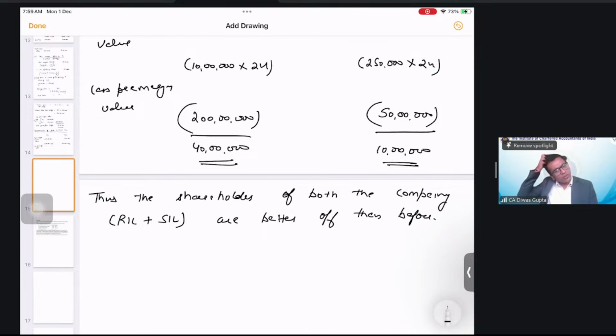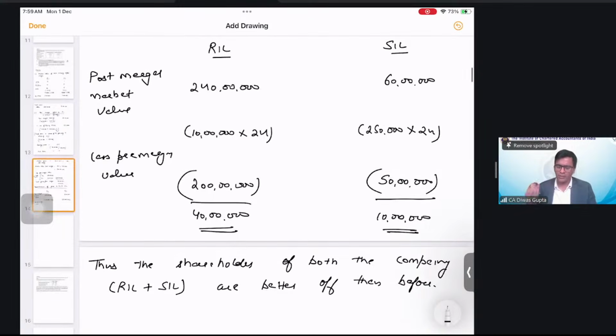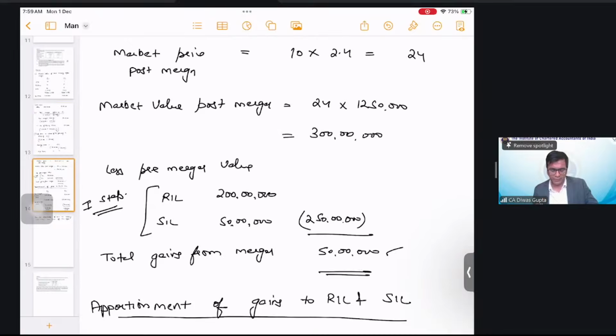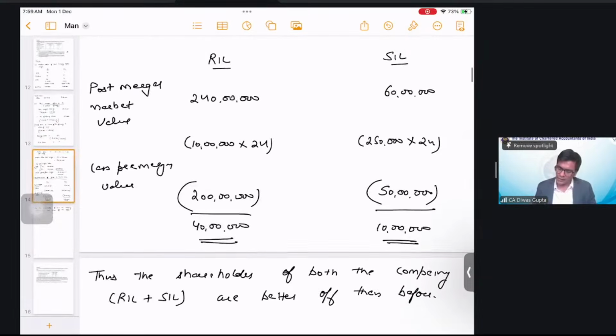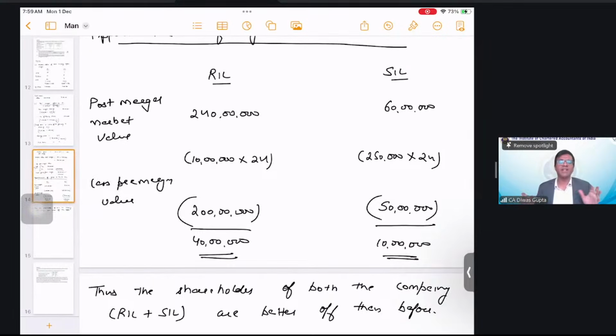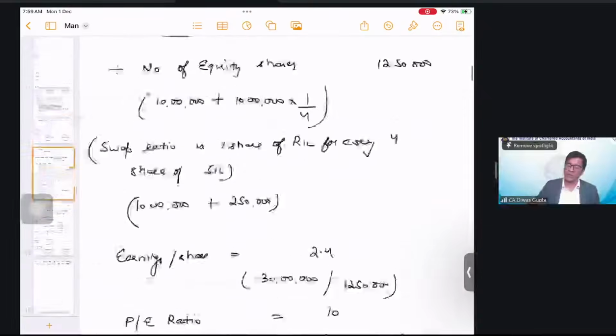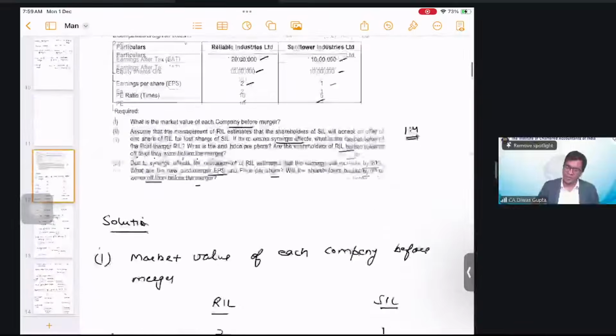Clear? So both of them are better off than what they were before. Clear? So it is in both their interests to do the merger, because post merger they are going to drive it better. Now what's the second part of the question?